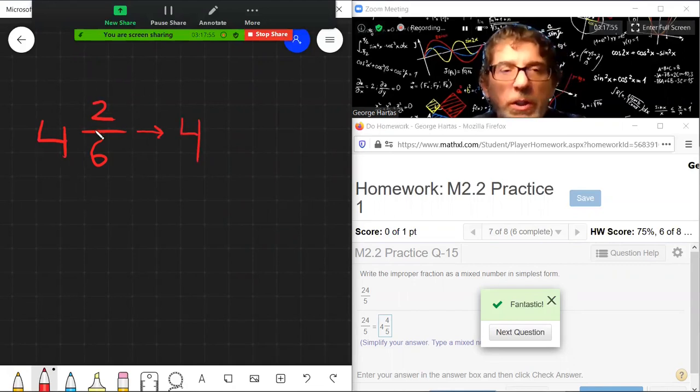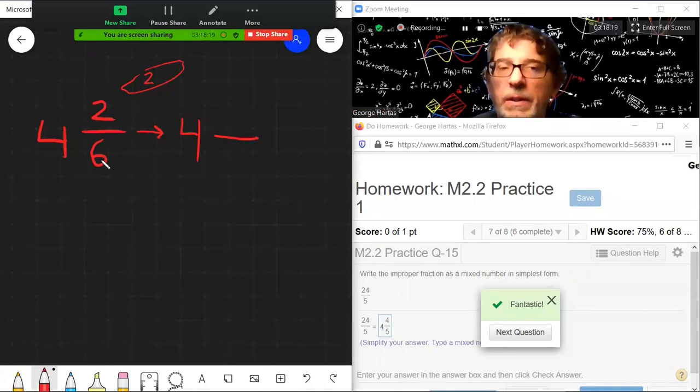So to reduce this, the whole number part stays the same, and then you have to reduce this, basically make it smaller. And you have to ask yourself, what number divides into 2 and 6? What number are you thinking about that divides into 2 and 6? And that number is 2, right? 2 divides into 2 and 6. This is how you reduce.